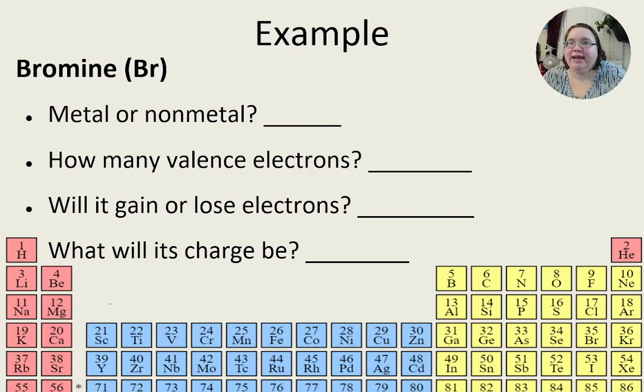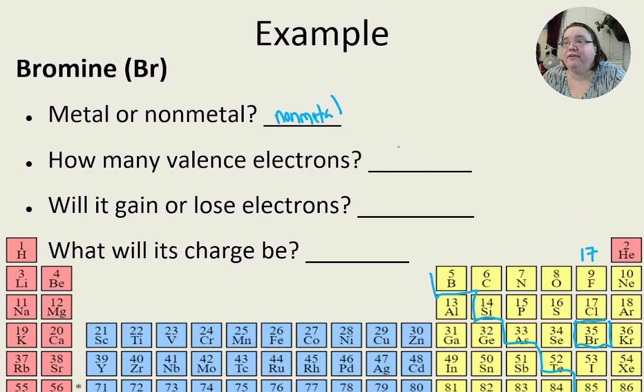So let's look at another example. Bromine. Bromine over here on the right side of the table. Again, my staircase is missing in this image, but I can easily see that Br is to the right of that staircase. Therefore, bromine is a non-metal. Bromine is in group 17.